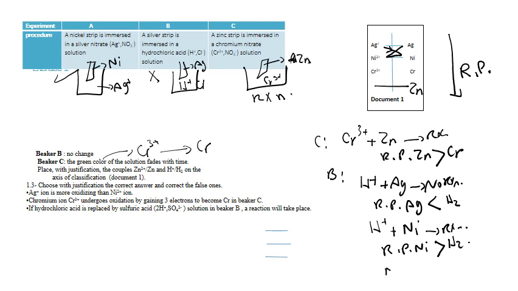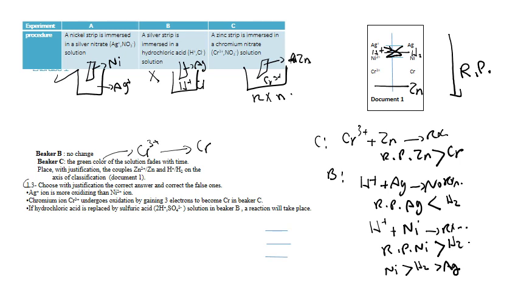As a summary, the reducing power of Ni is greater than H2, which is greater than Ag. So the redox couple H+/H2 will be between Ag+/Ag and Ni2+/Ni. This is the solution of the part which is about the position of the redox couples.